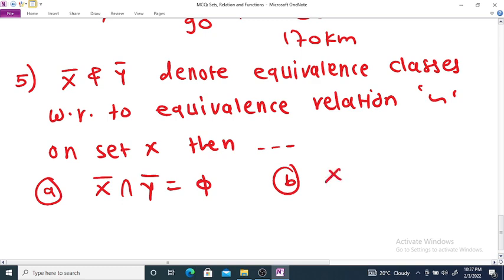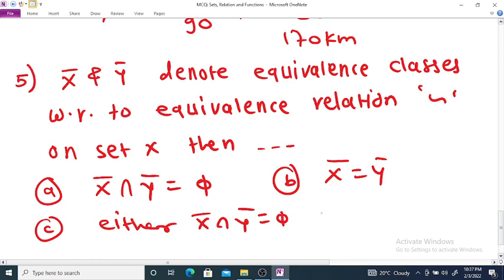Number B, x bar is equal to y bar. Number C, either x bar intersection y bar is equal to empty set, or x bar is equal to y bar. And number D, none of these.